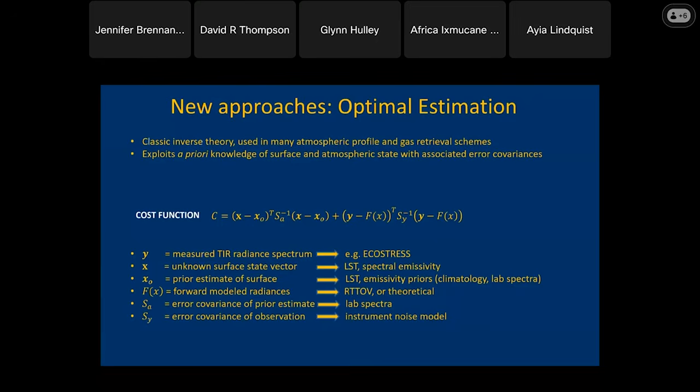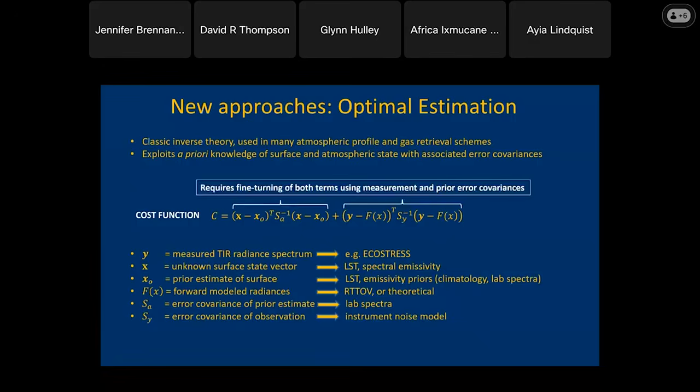One of these is the OE algorithm, and it has been performing quite well in terms of comparing it to our other retrieval schemes. I won't go into too much detail here because I know David covered a lot of it, but it requires optimizing the cost function and solving for our state variables here, which are the X values, and then finally tuning differences between the measurement and error covariances.